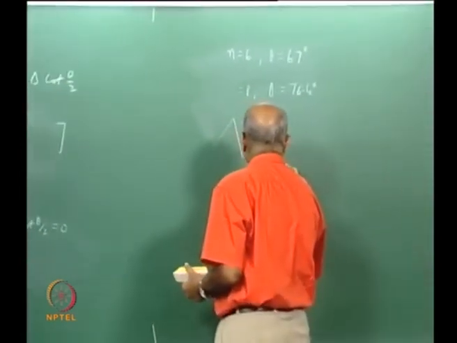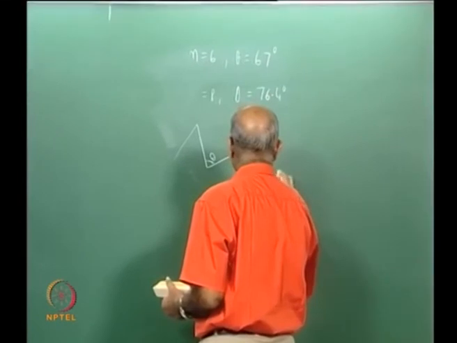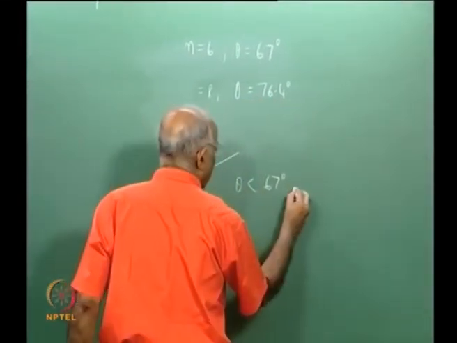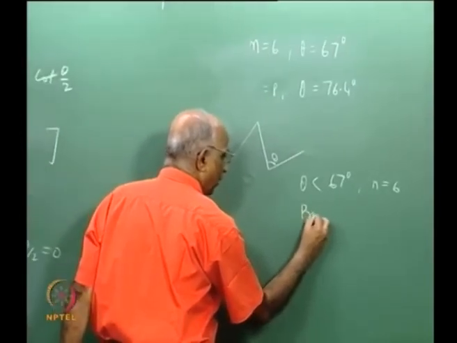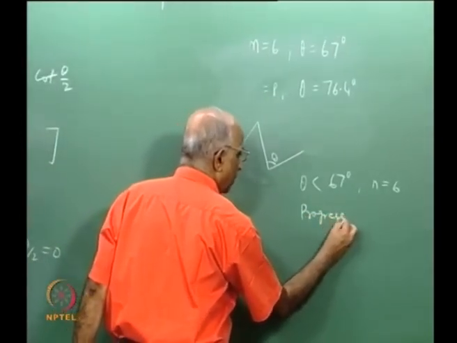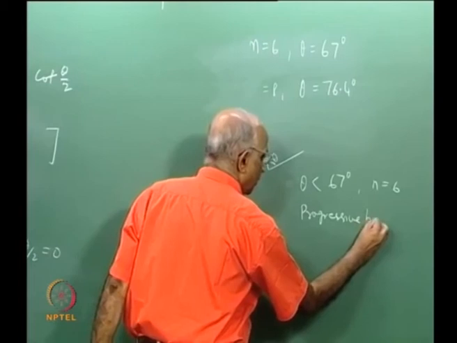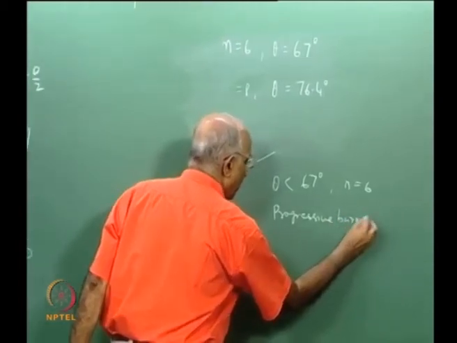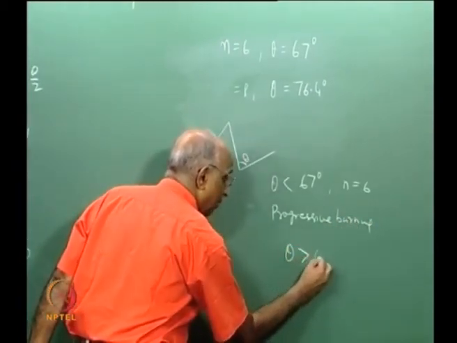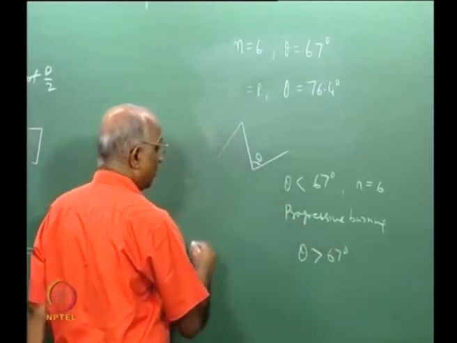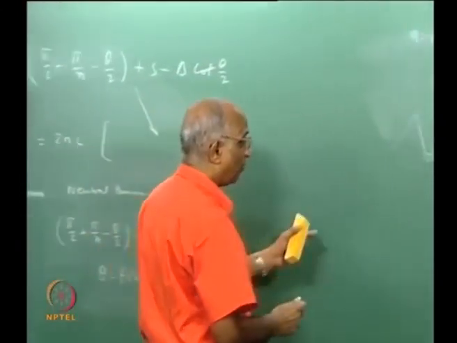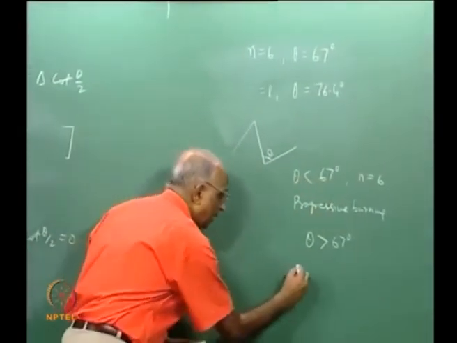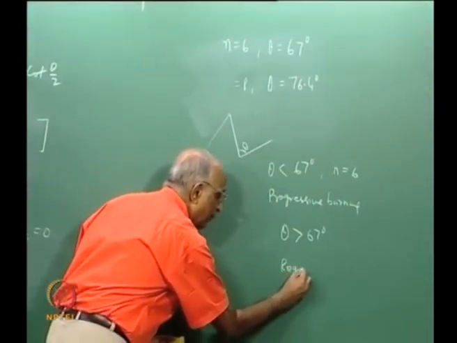Therefore, if theta is less than 67 degrees, for something like when the number of vertices is 6, I get progressive burning, whereas when theta is greater than 67 degrees, for n equal to 6, I get regressive burning.